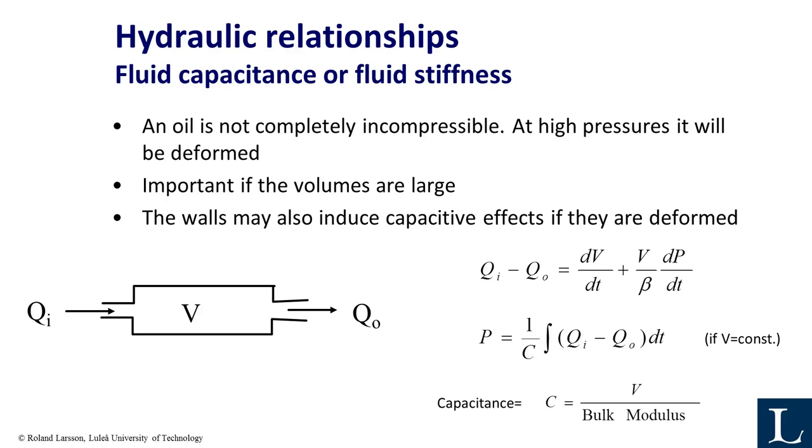At high pressures it will be deformed and compressed a little bit, and if you have big volumes, this deformation may have an influence. As I said in the beginning, the walls may also be deformed, and you may include this in the fluid stiffness too.